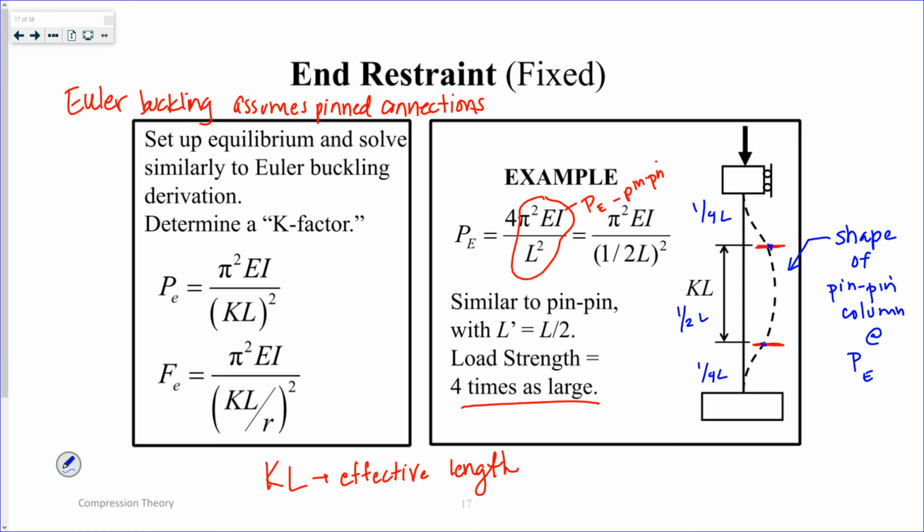That makes sense. So my effective length, if I have fixed end conditions, is 1/2. I only have to think of half the length.